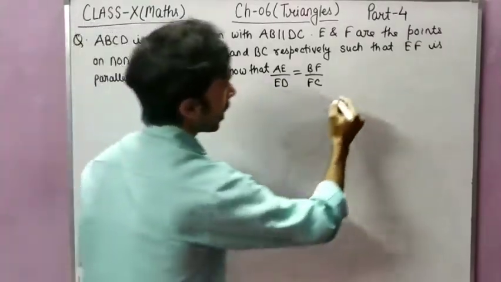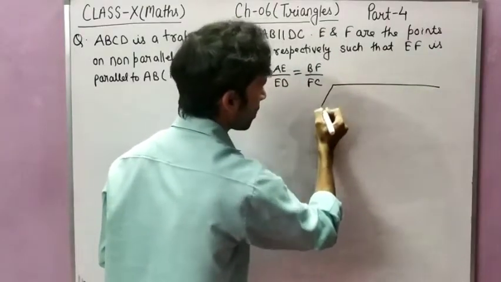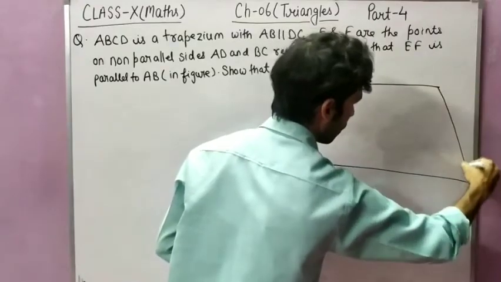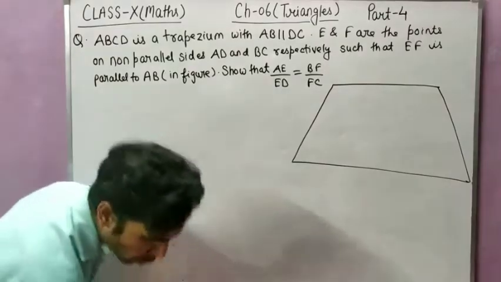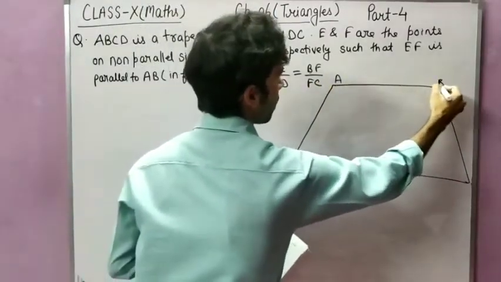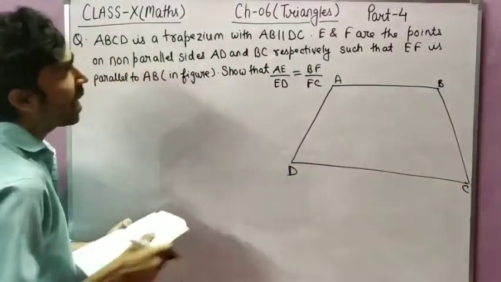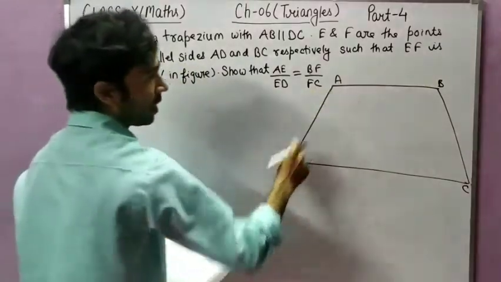So we will draw the diagram. ABCD is a trapezium. So this is A, B, C and D. E and F are the points on the non-parallel sides. The non-parallel sides are AD and BC.